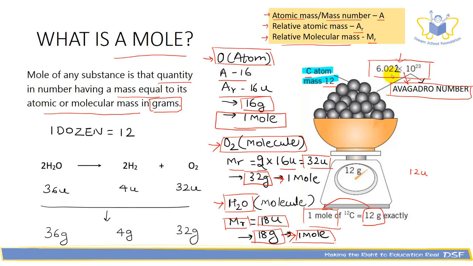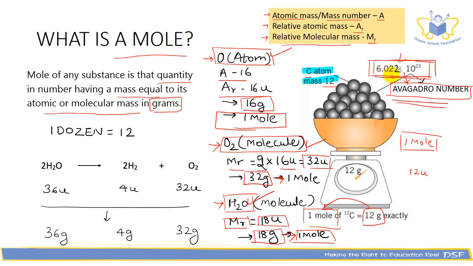So again I'm going to repeat it. 1 mole of any substance, for example, 1 mole of oxygen atoms, 1 mole of oxygen molecules, or 1 mole of water molecules is going to definitely have 6.022 into 10 power 23 particles of that particular specimen, and that is nothing but the Avogadro number.